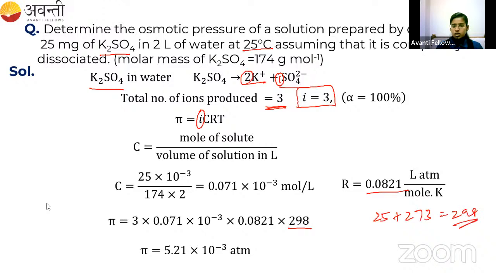So we have substituted that also. This is T, this is R, this is your concentration, and this is the value of i. The concentration I am taking from moles by volume, that is from the molarity formula. Clear?